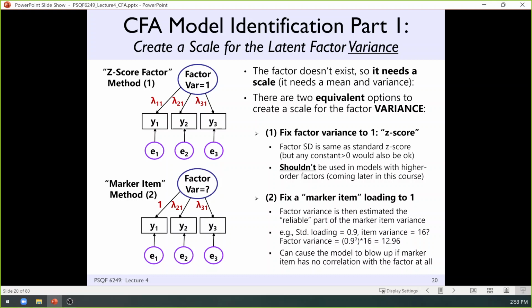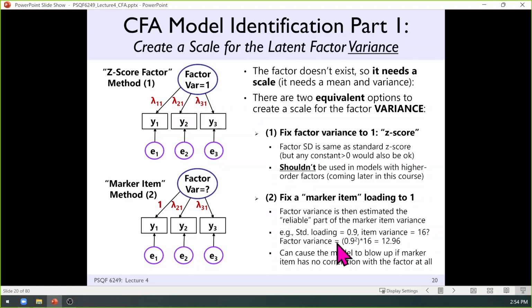And it's not that you're saying that the item is perfect, because this is unstandardized. What happens is that the factor variance then becomes the reliable true score part of that item. So it's easier to think about it if it's a standardized loading. So let's say that you have a marker item whose unstandardized loading is 1, and that turns into a standardized loading of 0.9. If I square that 0.9, then I get the contribution of the factor. I need to know what the total variance is for the item.